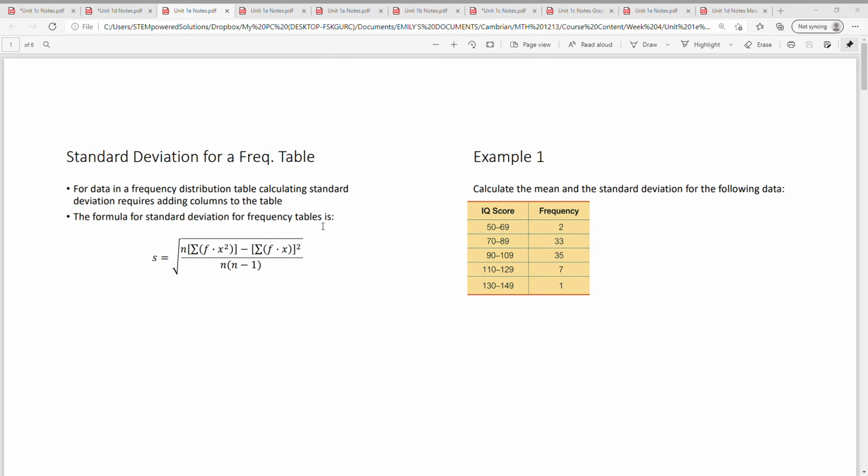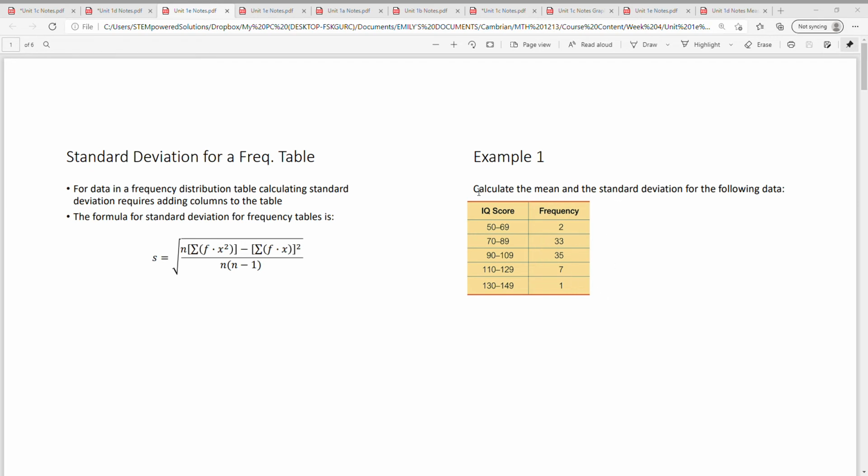My total frequency, if I add them all up, is 78 in total, which is equal to n. So that's what my n is equal to, the sum of all frequencies. I want that to be lowercase n. And then the sum of f times x to the power of 2, I already have calculated in my Excel spreadsheet, which is this value right here. So I'm going to copy and paste that into my Word document just for display purposes.